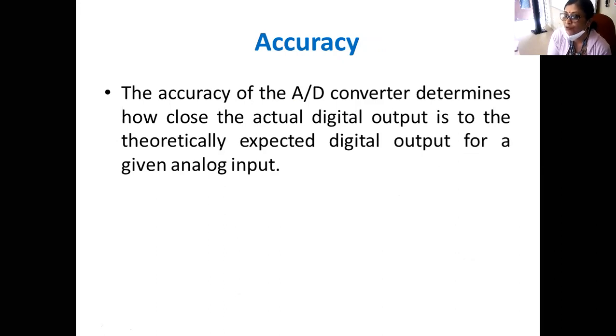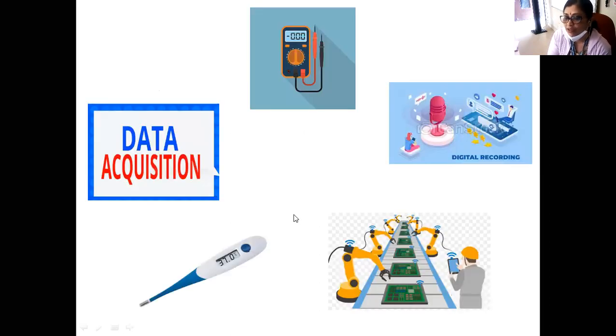So the definition of accuracy for both analog to digital converter and digital to analog converter is the same. The only difference is that here the input is in analog form and the output is in digital form. So accuracy is nothing but how close the actual digital output is to its theoretical digital output for a given analog input voltage. In this way you can define the accuracy of an analog to digital converter.